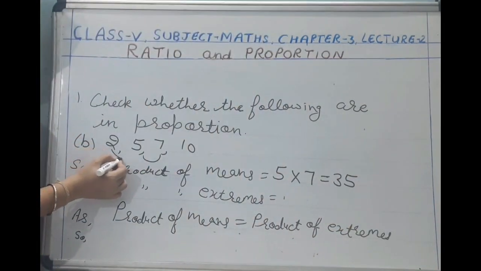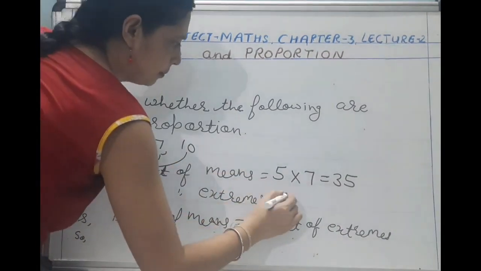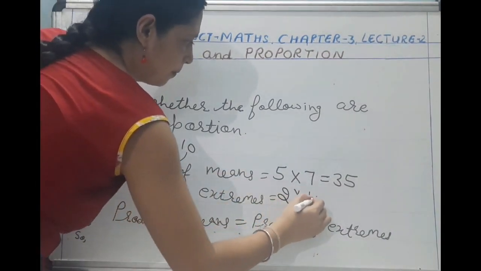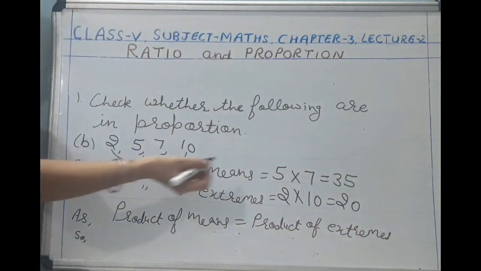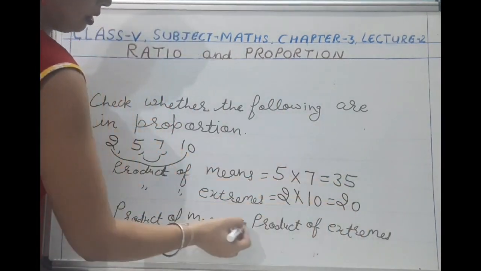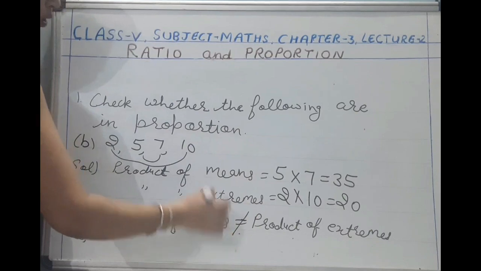Product of extremes 2 into 10. 10 twos are 20. Now see, product of means is not equal to, this is the sign of not equal to. Put equal and then cross it.